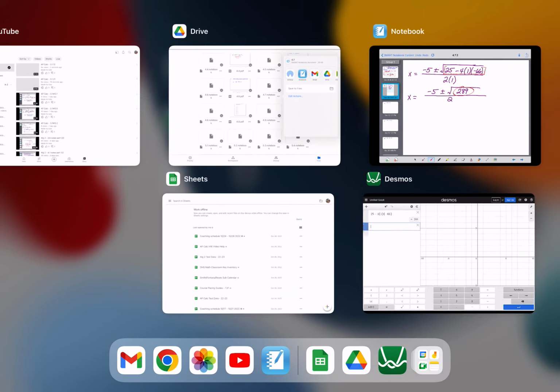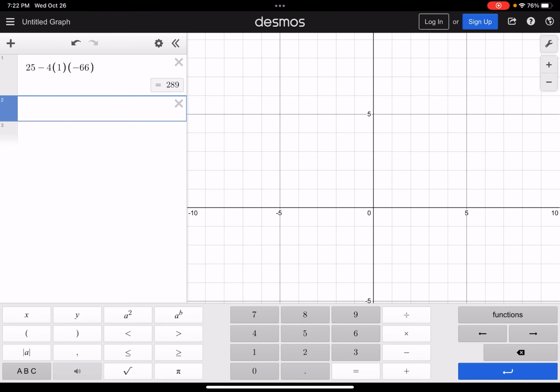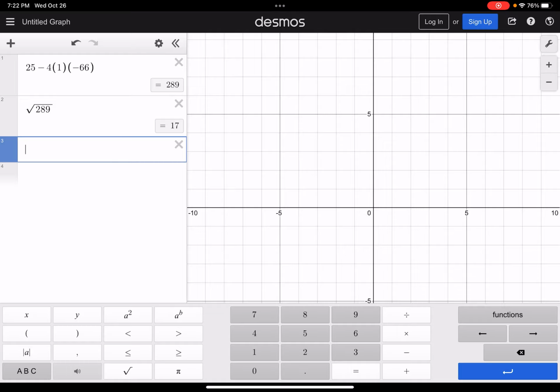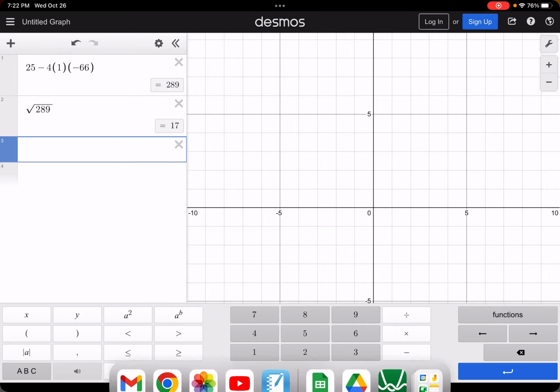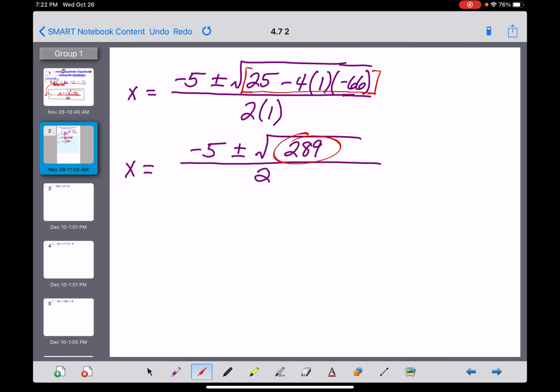Now that might be a number you guys don't quite recognize, so let's go to the calculator and type in the square root of 289, and sure enough, that one works out to be a whole number, 17, which means 289 was a perfect square, even if you didn't know that. All right, so x is equal to, we're now at a negative 5 plus or minus, and the square root of 289 we learned is 17 all over 2.